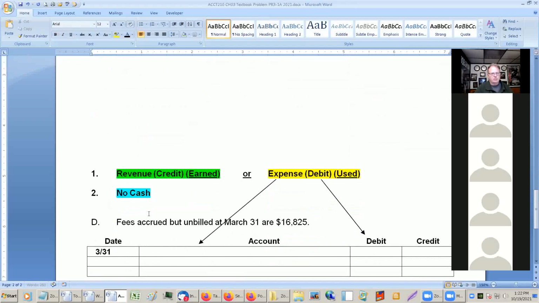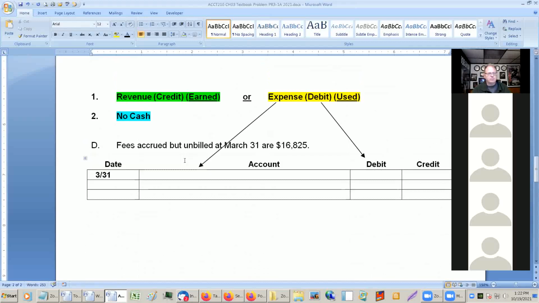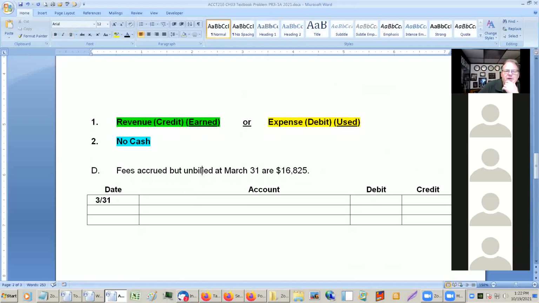Let's go to the next one. Fees accrued but unbilled. So we haven't sent the bills out for these.